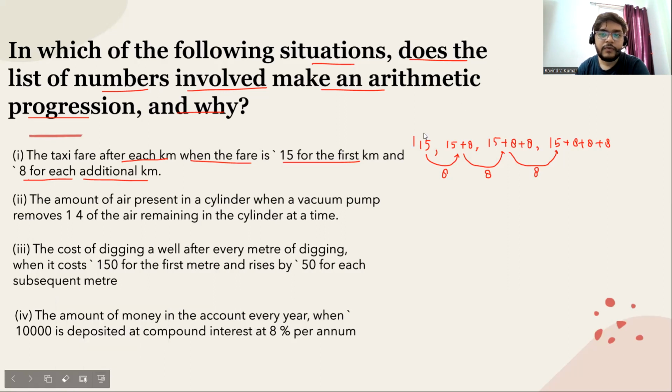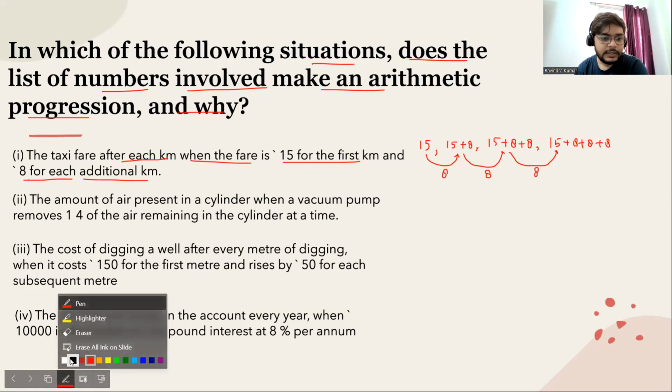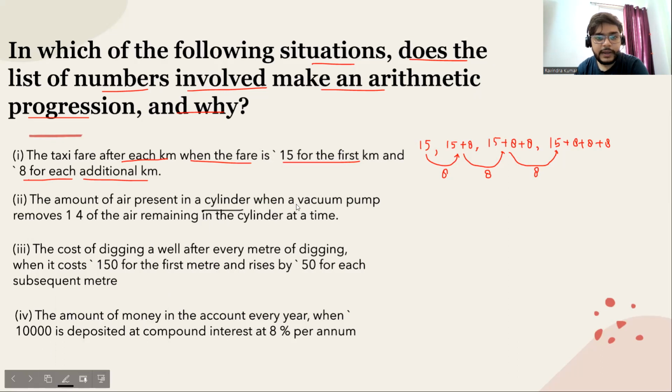The next one is saying the amount of air present in a cylinder when a vacuum pump removes 1 by 4 of air remaining in the cylinder at a time. It is written 14, but it should be 1 by 4, not 14.